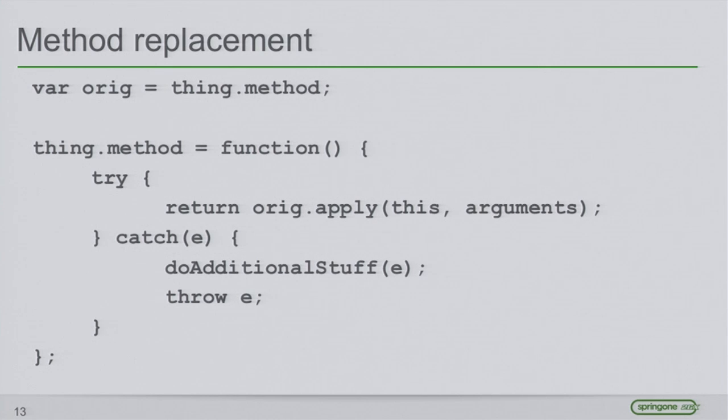So we're going to run the original method, and if it succeeds, just return the value. Nothing else. If it throws an exception, we're going to catch the exception, do some additional stuff, and then rethrow the exception, right? Not changing the behavior, right? Preserving invariance.